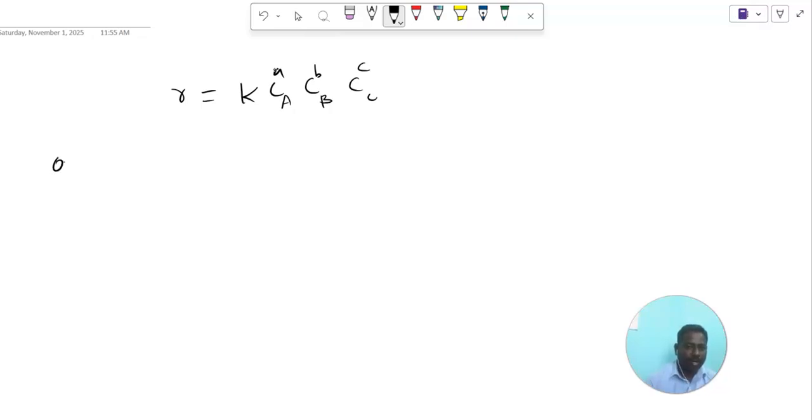So your order of the reaction, order of the reaction can be defined as the sum of the powers of concentration of reactant. If you look into it here, a is there in the power of concentration A, and here b, and here c.